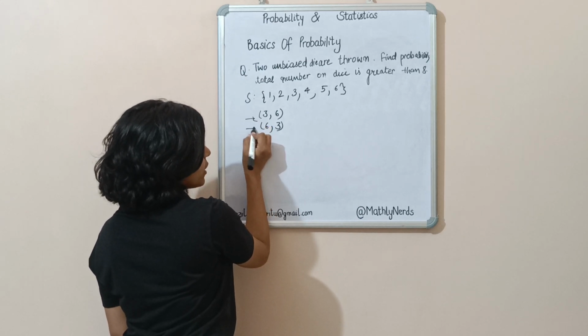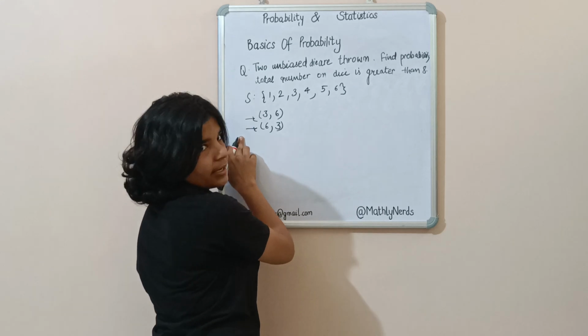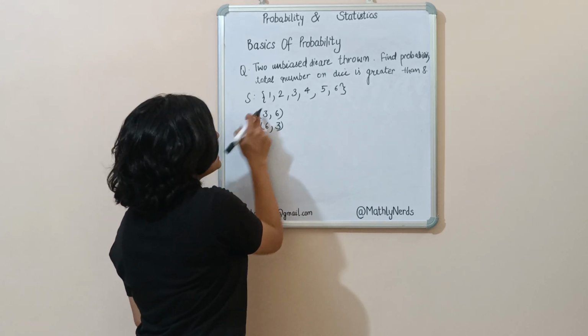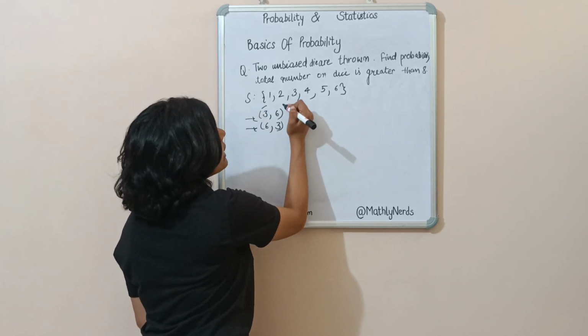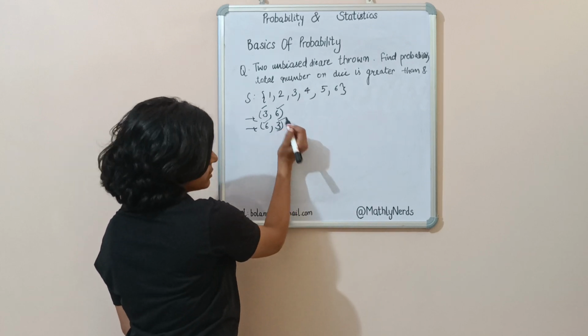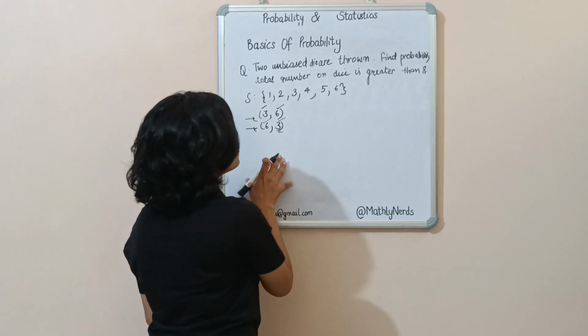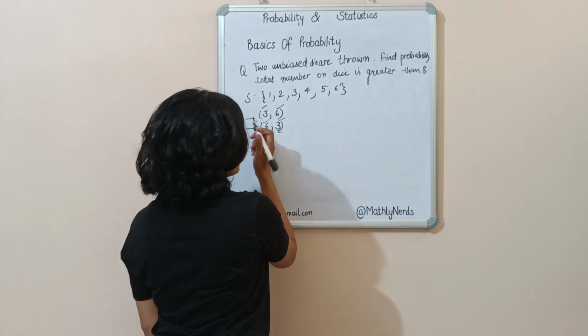Getting 3, 6 and 6, 3 are not identical. They are not the same. Getting 3 on the first die and 6 on the second die, and getting 6 on the first die and 3 on the second die, so we have to count both.